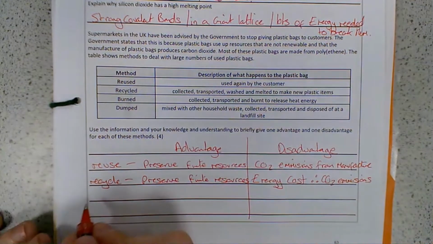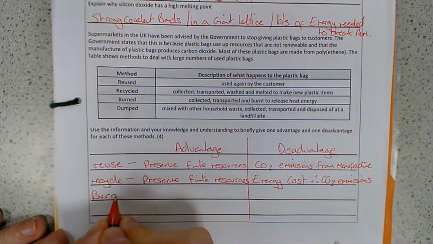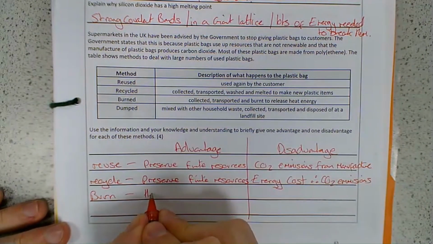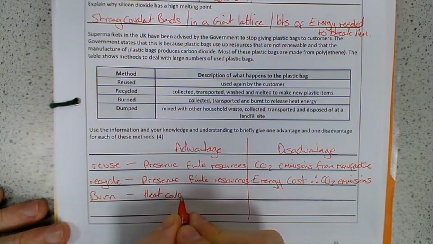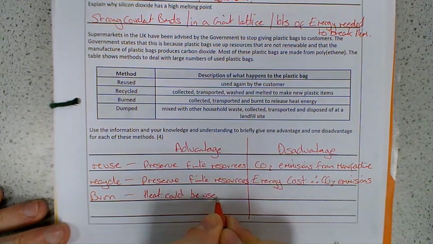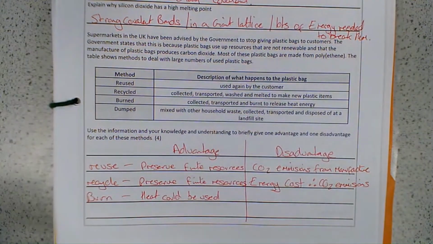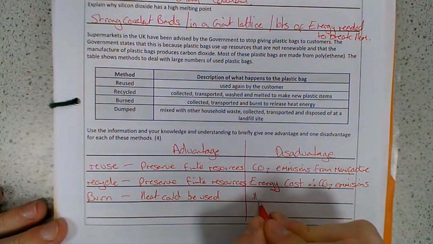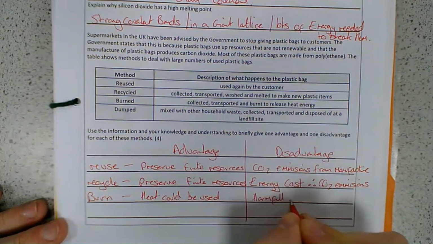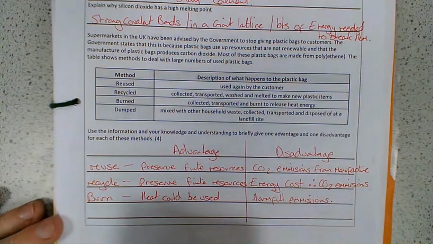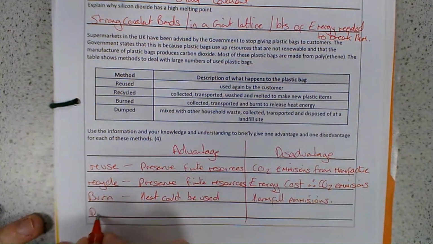We have burning it. So it can be burned and it can produce heat. So the heat could be useful. So that potentially is useful. But again, it's plastic. When you burn plastics, you're going to get harmful emissions. And finally, you can dump it.